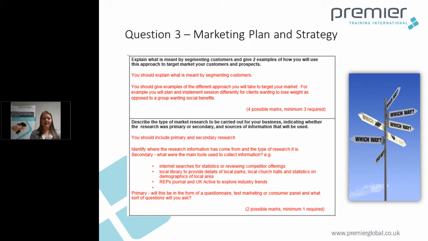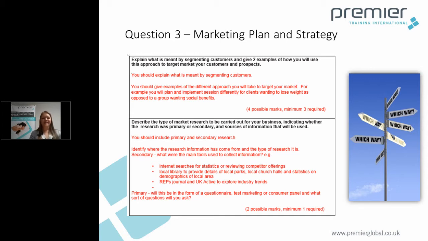After you've looked at segmenting, you need to move on to carry out some market research. So the second question on this page requires you to carry out primary and secondary market research. Secondary market research is easier to carry out as you can review information on the internet. There are some examples of sources of reliable information in front of you.